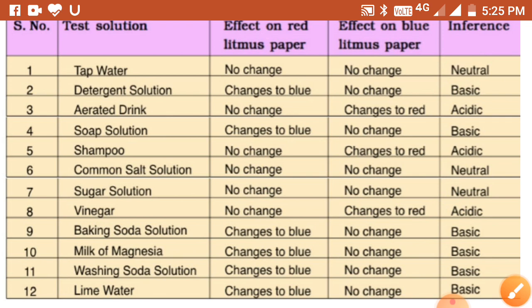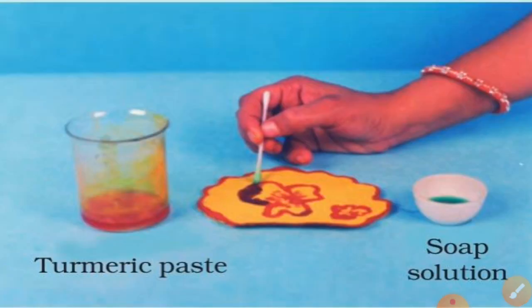Now we go ahead to the next natural indicator, the third natural indicator, that is turmeric. In this diagram you can see the turmeric paste is spread on the paper and the soap solution is used for drawing on the paper, and its color changes into brownish.